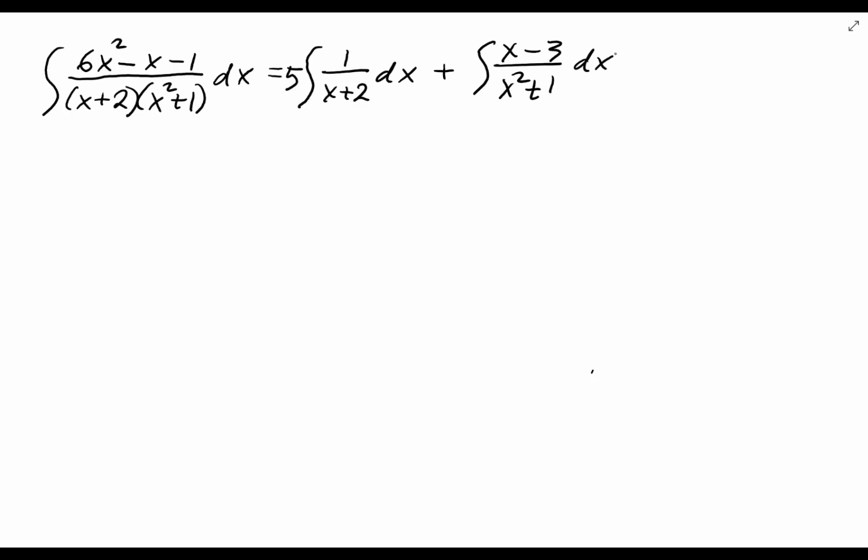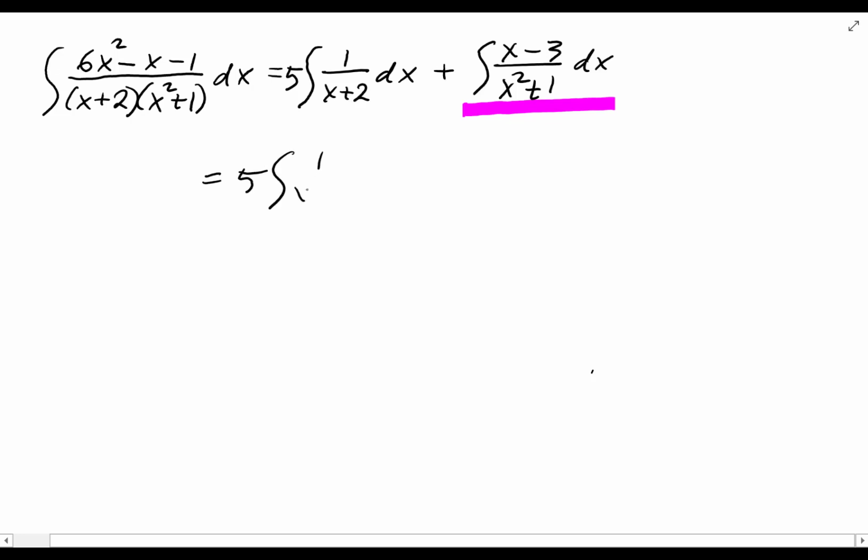Okay, now this integral here, we can split that apart into two integrals. We'll copy down this first integral, and this integral is going to be x over x squared plus 1, and then that minus 3.